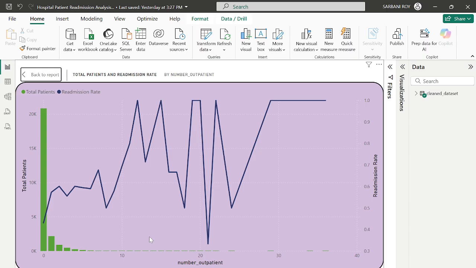The blue line shows an interesting and unexpected pattern. As outpatient visits increase, the readmission rate becomes very high. Beyond 10 outpatient visits, the readmission rate repeatedly spikes. Beyond 20 to 25 outpatient visits, the readmission rate reaches almost 100%.